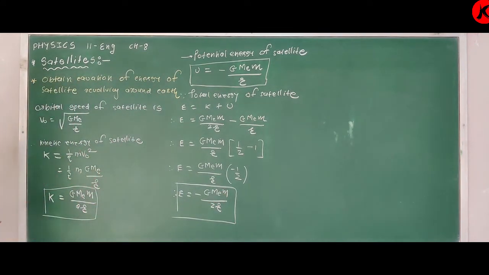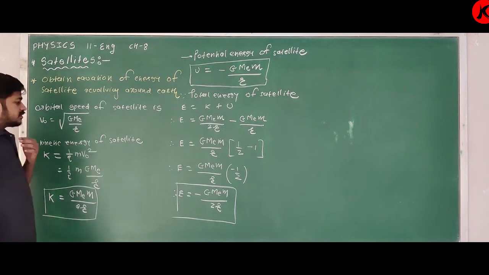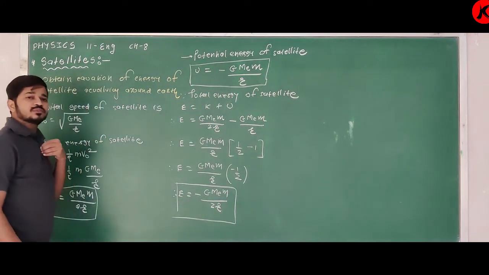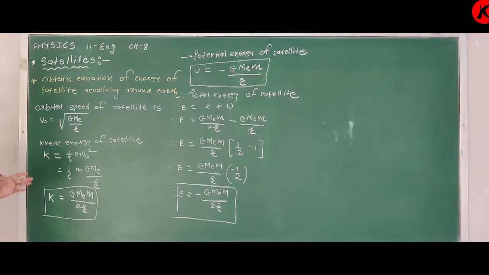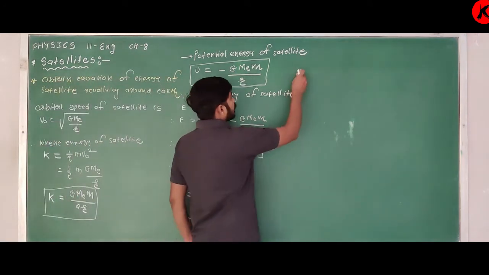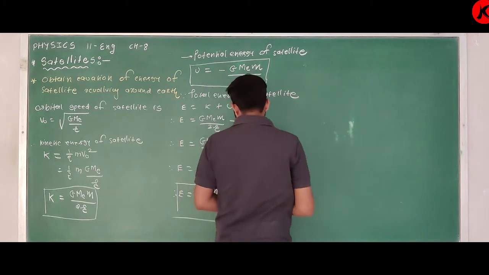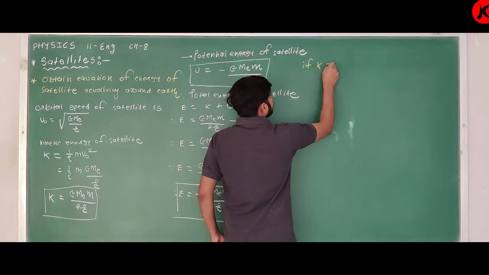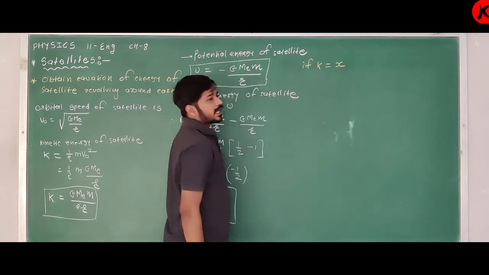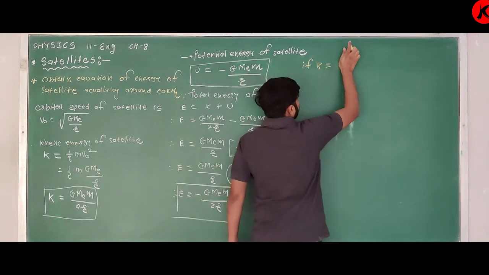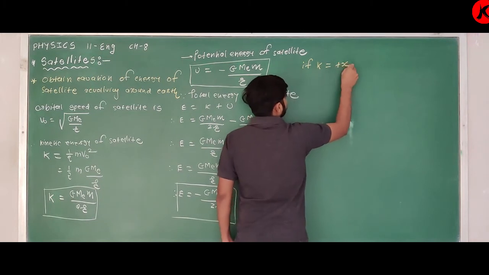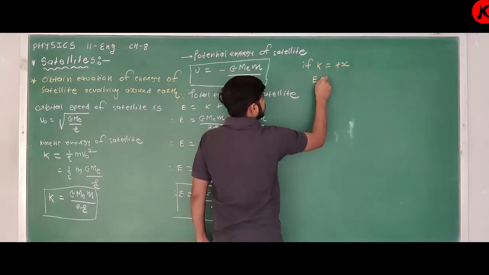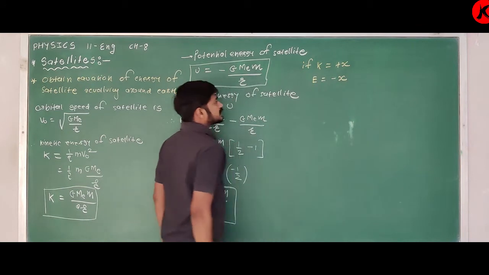Only sign changes. And potential energy is nothing but 2 times that. So, in short, how to remember? If kinetic energy is equal to plus x, then total energy is equal to minus x.